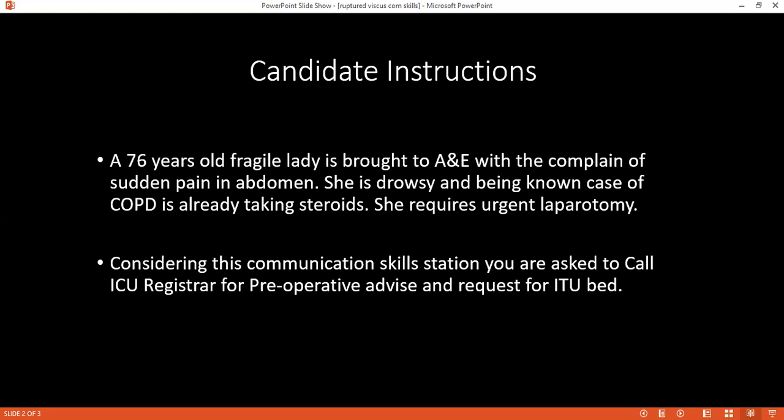And for the COPD, she might have respiratory complications. Also for the steroids, you have increased opportunistic infections like Epstein-Barr virus, cytomegalovirus, and increased risk of osteoporosis and pathological fracture. How would it affect potassium levels?